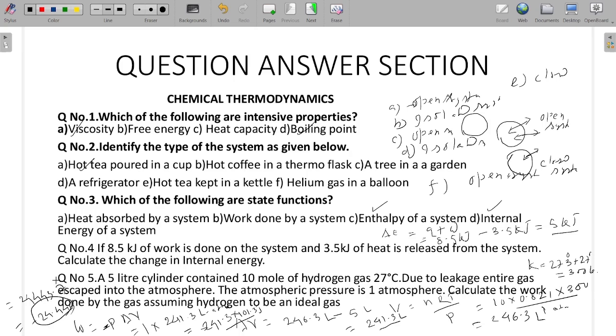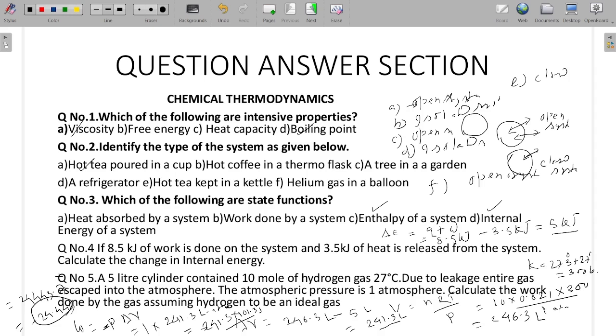So this is the solution of these 5 questions. And we'll continue to work out the numerical problems in our next class. For the present, this much.